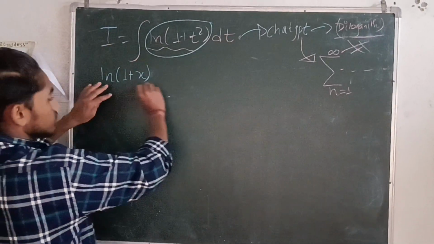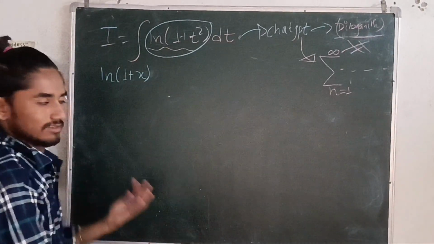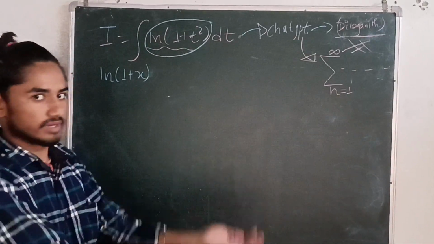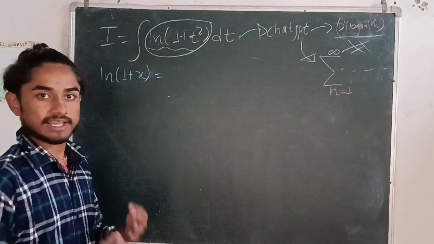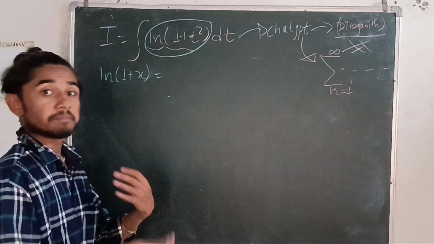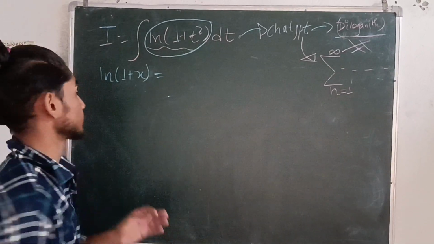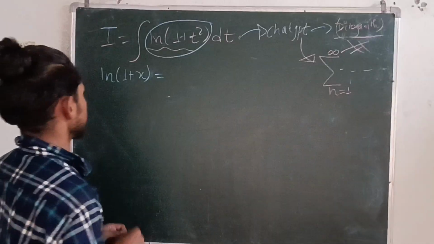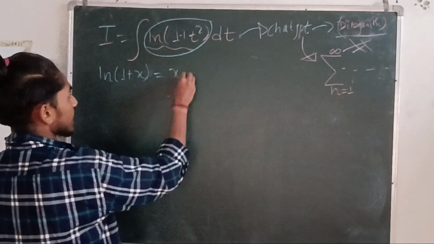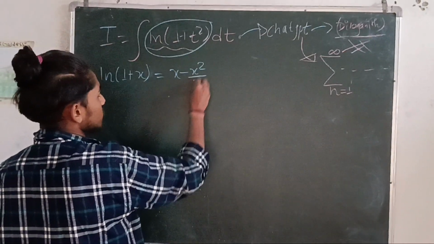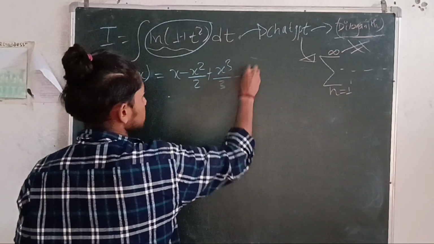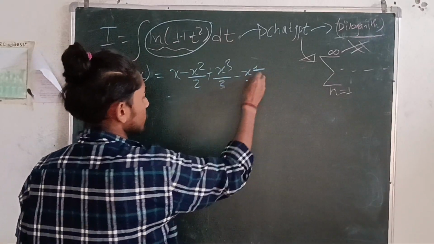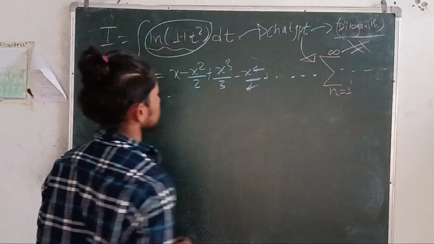So if you want to open the expansion, you can do it using the Taylor series, the Maclaurin series, or a combination of both. Sometimes books refer to it as the Taylor series and sometimes as the Maclaurin series, but to be more precise, it is the Taylor-Maclaurin series. It goes like x minus x squared over 2 plus x cubed over 3 minus x to the fourth over 4, and it goes on and on.